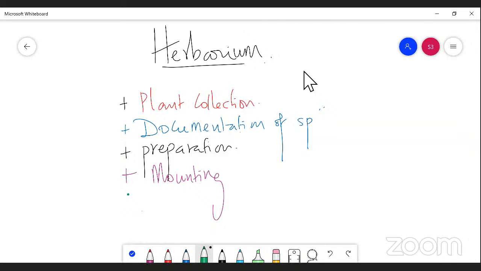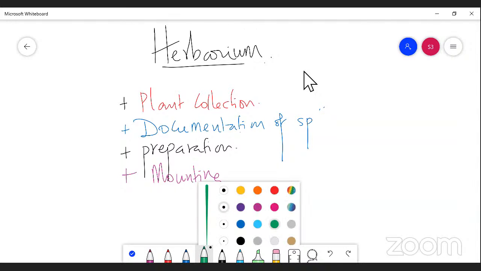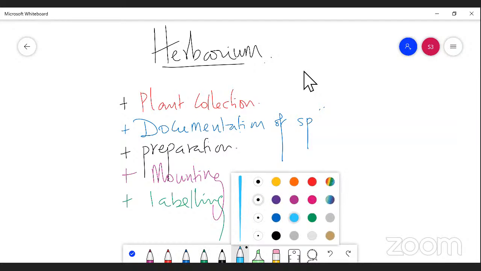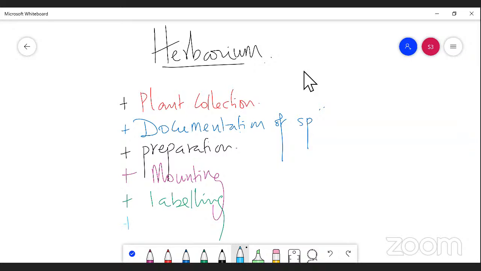Then the fifth step is the labeling process, herbarium labeling. Then finally, we take protection, I mean preservation.